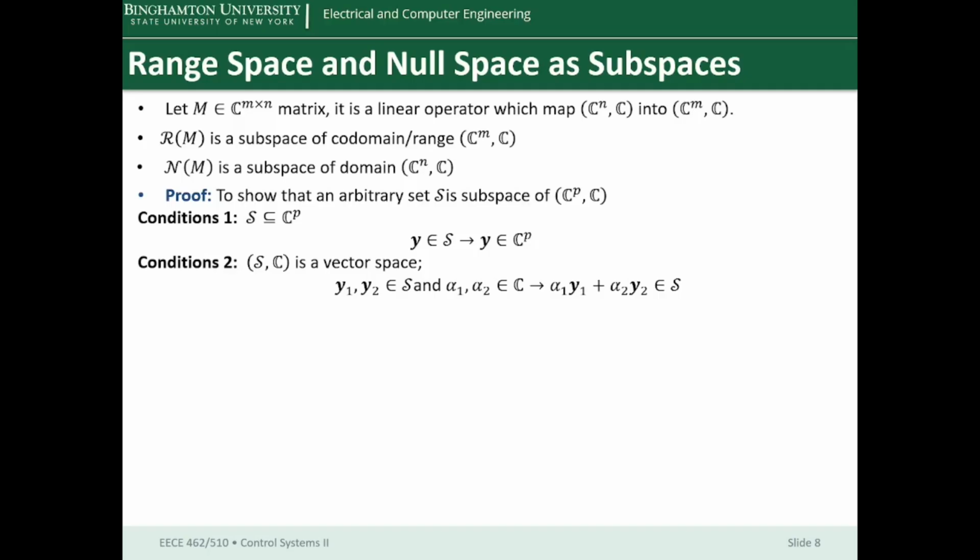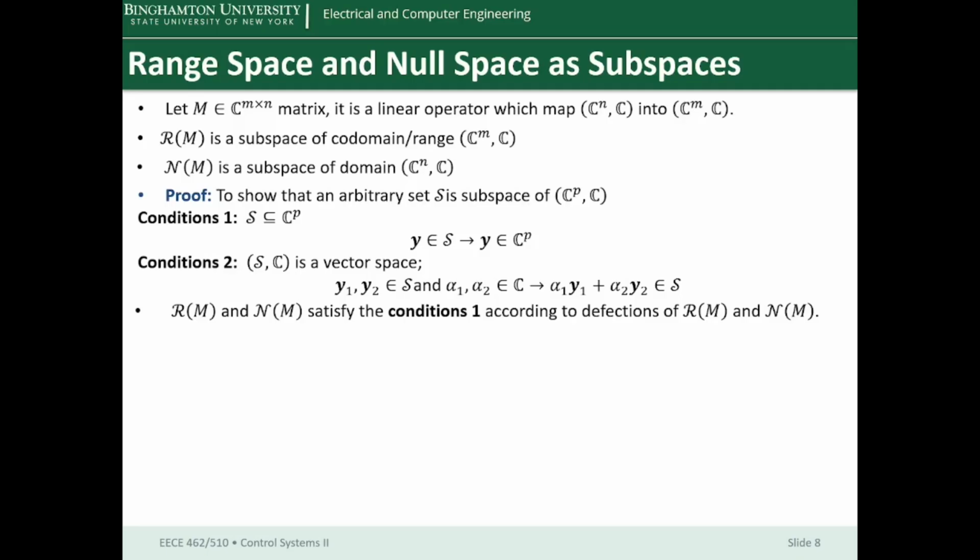It means S is a subset of C^p. And the second condition is the set must satisfy closure under addition and scalar multiplication, or equivalently satisfy the linearity condition. For both range and null space, the first condition is obvious from their definition.